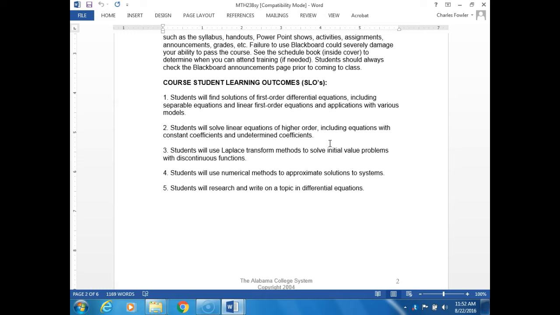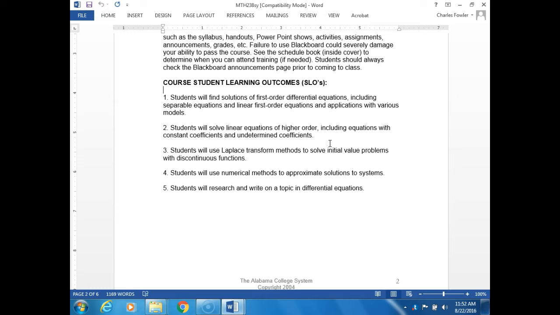Number 2, students will solve linear equations of higher order, including equations with constant coefficients and undetermined coefficients. That's a very quick snapshot of what we'll do in Chapter 4. Huge chapter, higher order differential equations.